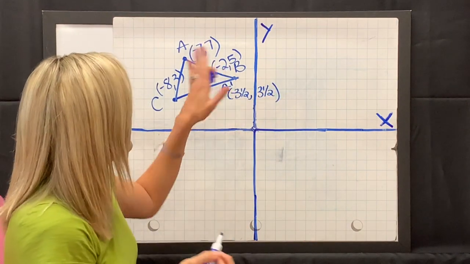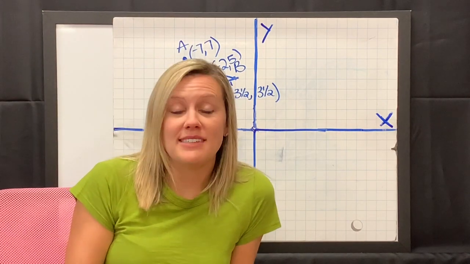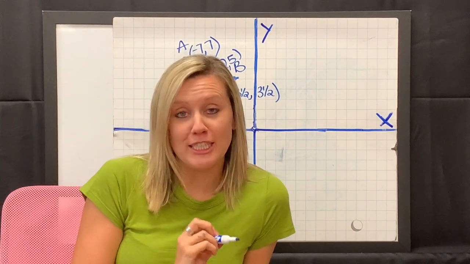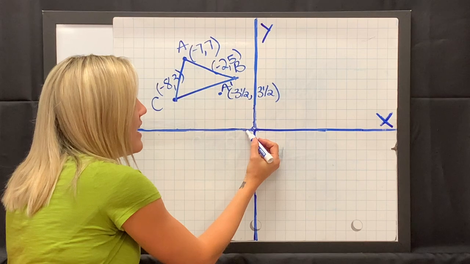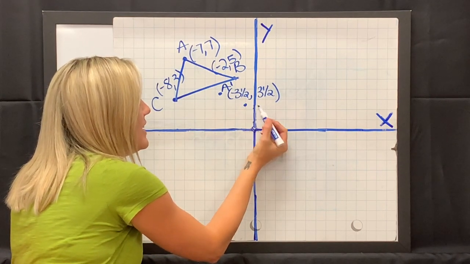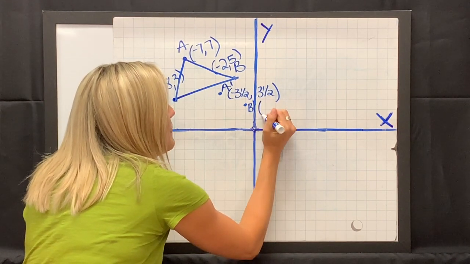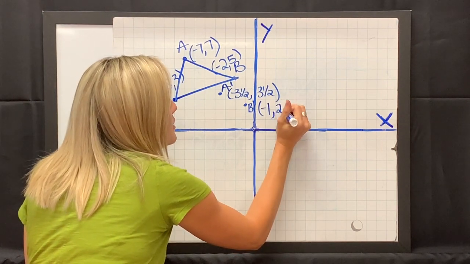Okay, let's look at point B. So half of -2 is -1, and half of 5 is 2.5. So I am gonna go left 1, and then I'm gonna go up 1, 2.5. So my new B is gonna be right here. And I'm gonna write my points, -1, 2.5.